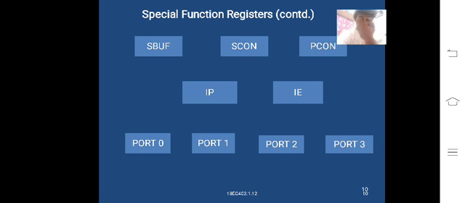The interrupt registers are interrupt priority and interrupt enable. And the four important ports are port 0, port 1, port 2 and port 3. These are the special function registers.